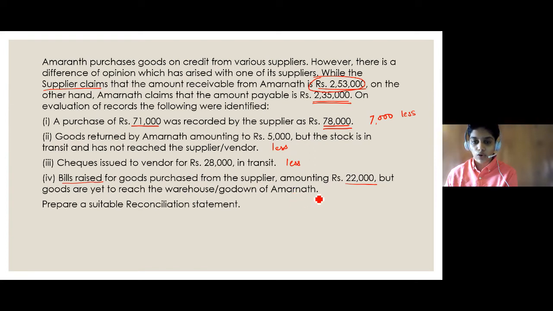But since the goods have not yet reached Amarnath, he will not be showing those in his books of accounts as balance that he owes to this particular supplier. So in this case, because the goods have been sent by the supplier, you can consider that a purchase has been made by Amarnath.